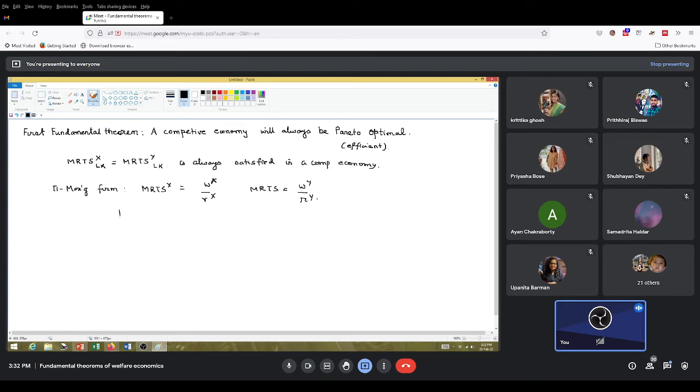Again, if you don't have price discrimination in the input market, you are going to have WA is equal to WB and RA is equal to RB. Sorry, these should be X and Y.